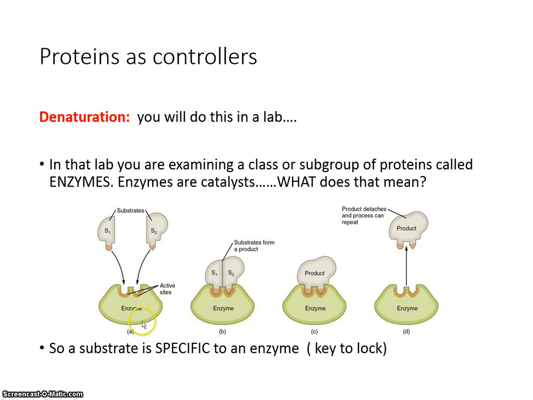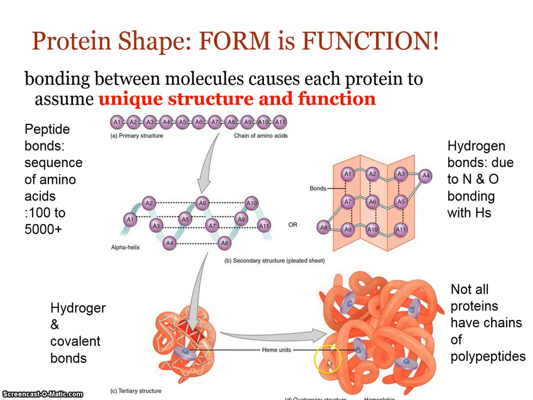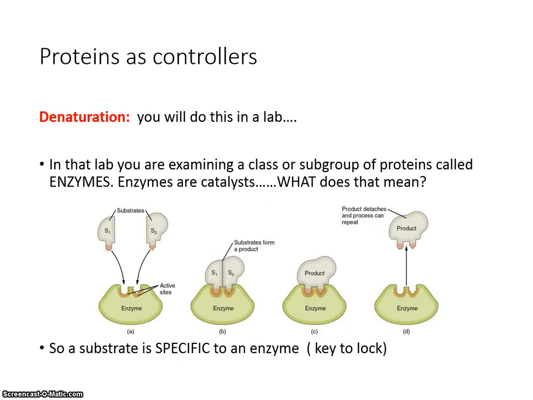And so the enzyme, being a protein, has these levels that we talked about here. And so it has a very unique shape. And we've already figured out that structure reflects function. And because of this unique shape, it then interacts with these other molecules or reactants. And because there's a specific relationship between the reactants and the enzyme, we now call the reactants substrates. And as they bind, a change occurs.